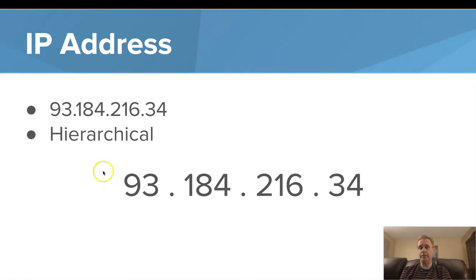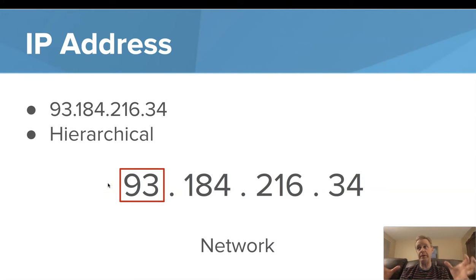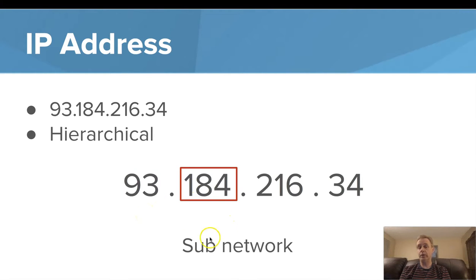If we look at this IP address in further detail, this first number, 93, within the whole internet, perhaps represents a very big network within the internet, perhaps a network comprising a whole country. Then the next number, 184, would be a subnetwork of this network, perhaps representing a region within this network.